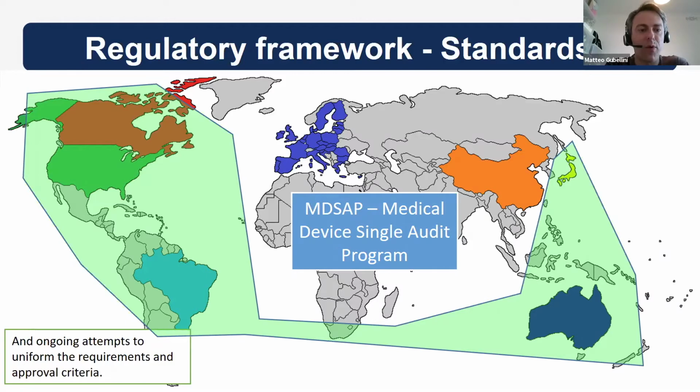Because with globalization, the different countries and agencies have realized, quite obviously, that a lot of the requirements of each jurisdiction were pretty similar. So you can imagine a company that sells products in several parts of the world can potentially receive audits from each single country where they sell the device. And this, besides being impractical, is redundant.